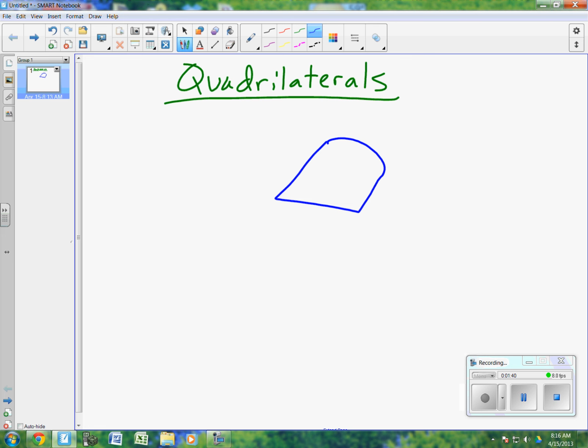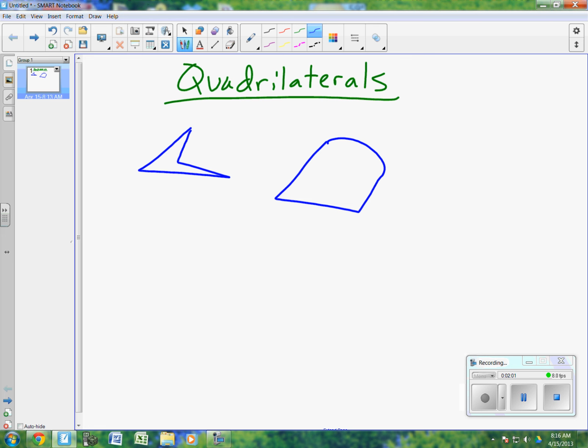Okay. Let's see if I can come up with something else. What do you think? Is that a quadrilateral? Technically it is. Yeah. Hey, let me give you the definition that we'll probably do.